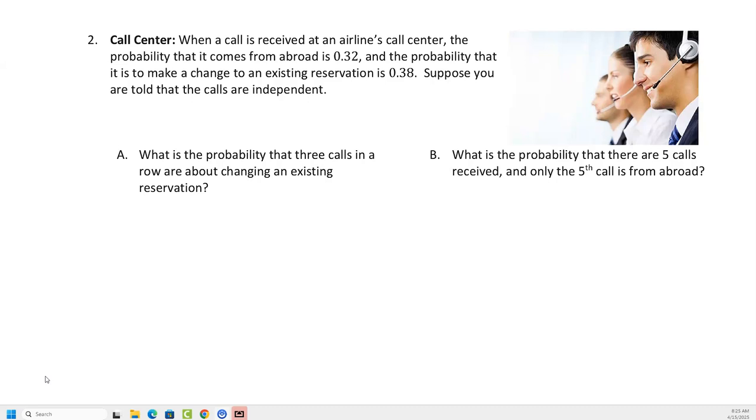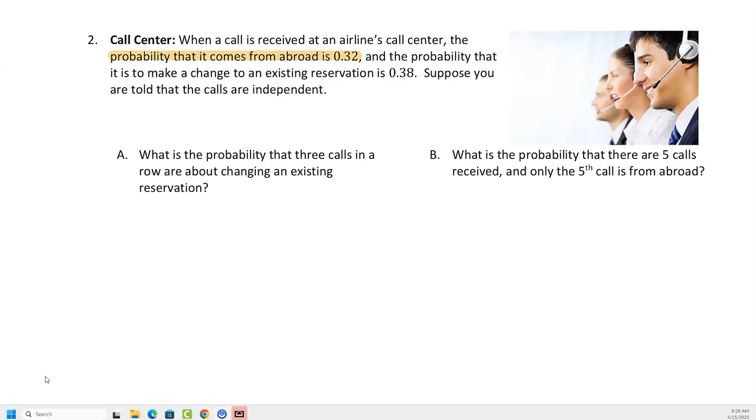Problem 2, call center. When a call is received at an airline's call center, the probability that it comes from abroad is 0.32, or 32%.